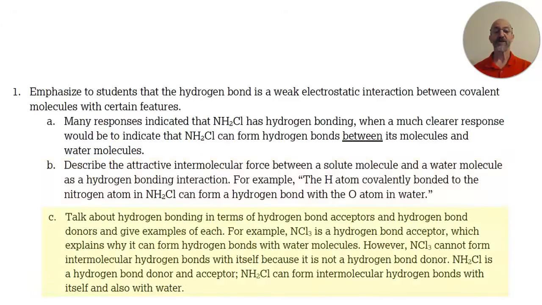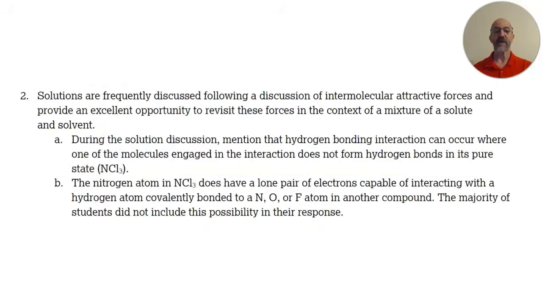Talk about hydrogen bonding in terms of hydrogen bond acceptors, such as that lone pair on the nitrogen atom, and hydrogen bond donors, such as the hydrogen directly bonded to the O in the water molecule. So NCl3 is a hydrogen bond acceptor. However, NCl3 cannot be a hydrogen bond donor because it doesn't contain hydrogen atoms. So again, be very clear with your language.